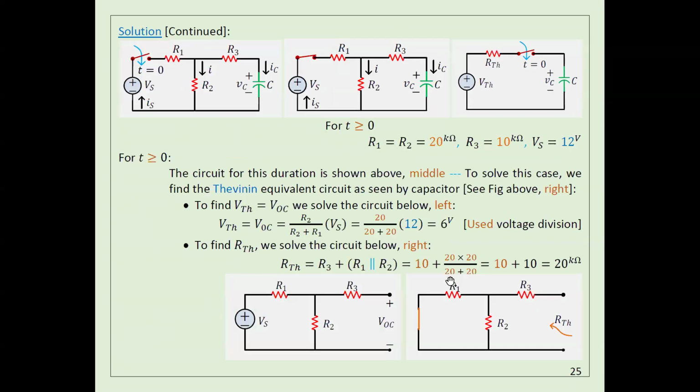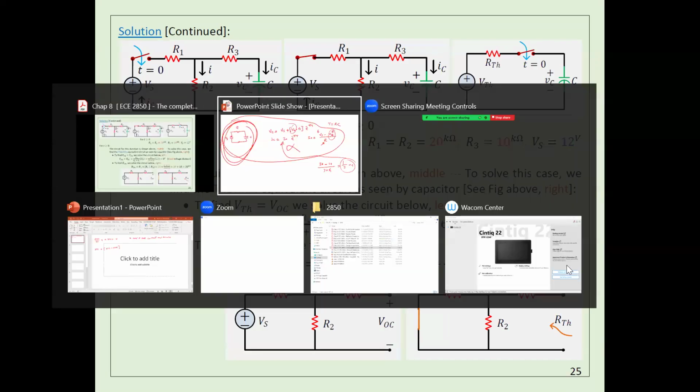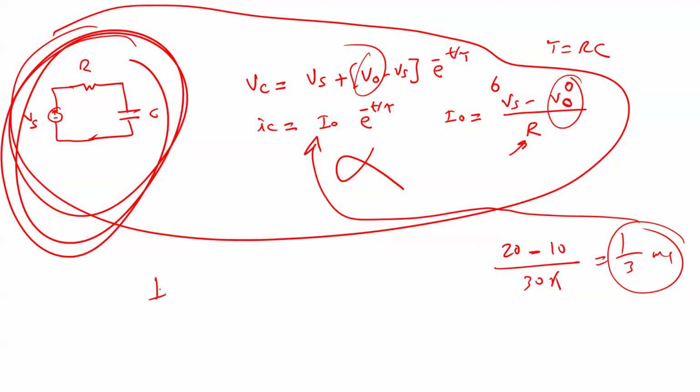We found R Thevenin here, which is 20K. So if you want to calculate it, I naught should equal 6 minus 0 divided by 20K, whatever the value is. So it should be IC equals 6 divided by 20K, e to the negative t divided by tau. I don't remember what tau was.